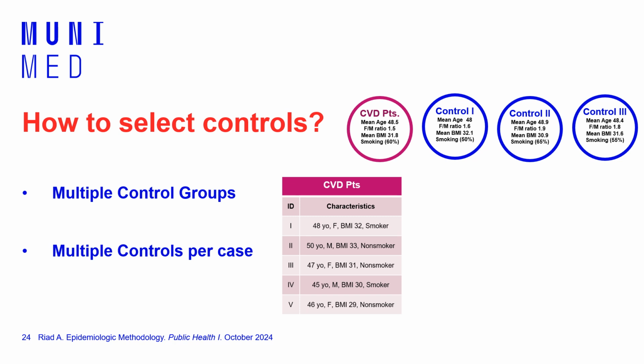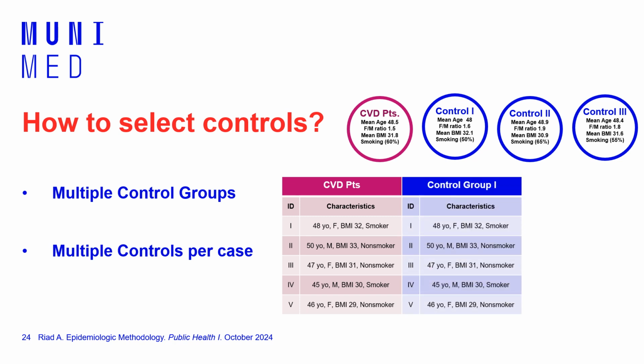Then the second case is a 50-year-old male, BMI 33 and non-smoker. And then you can read the characteristics of the rest of the patients. Then your task is to find a volunteer who is a 48-year-old female, BMI 32 and non-smoker, and this lady shouldn't be suffering from cardiovascular disease.